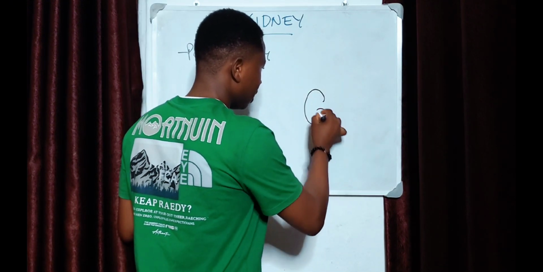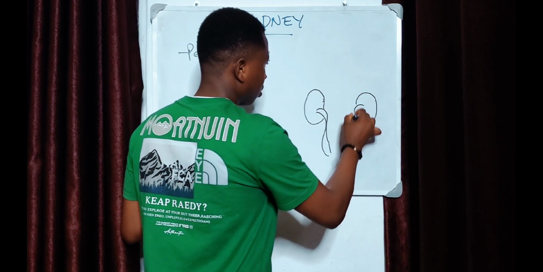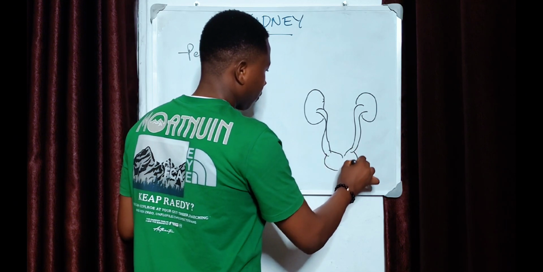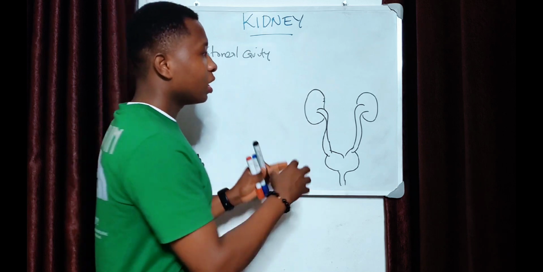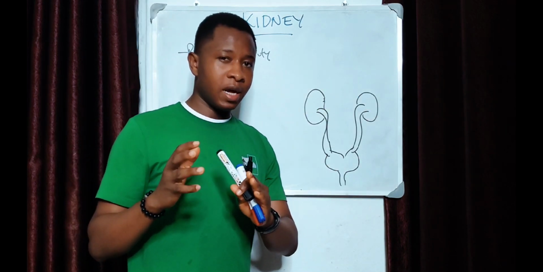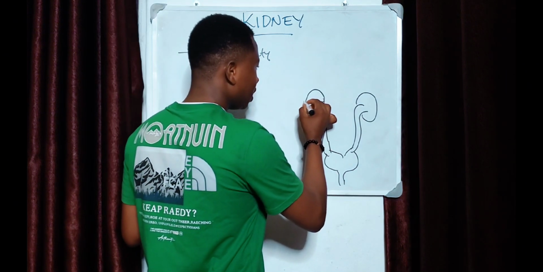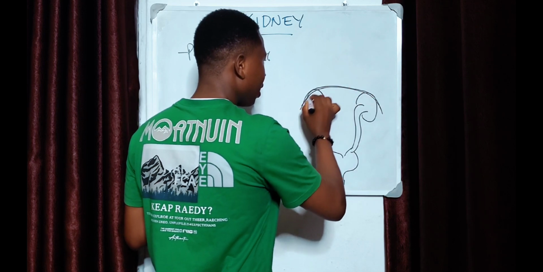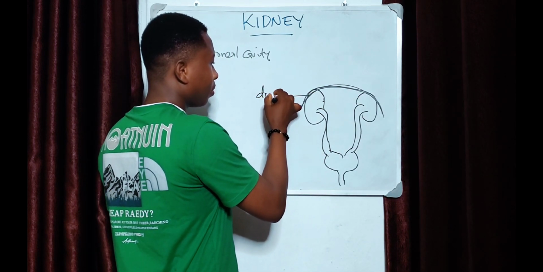Let's assume this is the kidney. The bladder, the ureter. Okay. Now, the top of the kidney rests on a muscular structure, which we call the diaphragm.